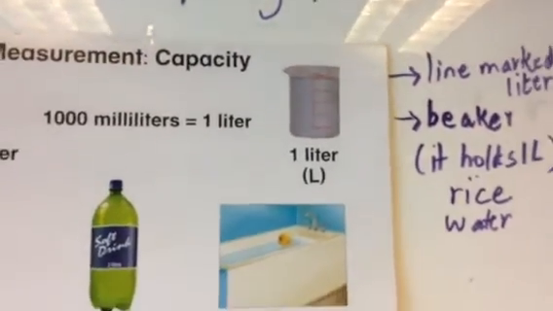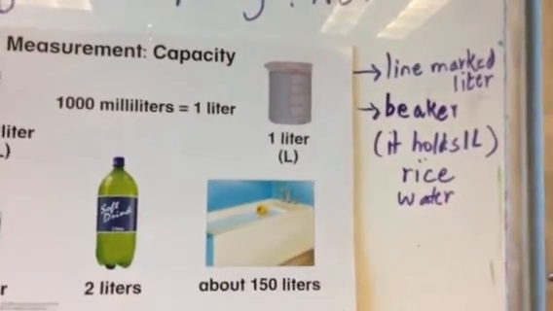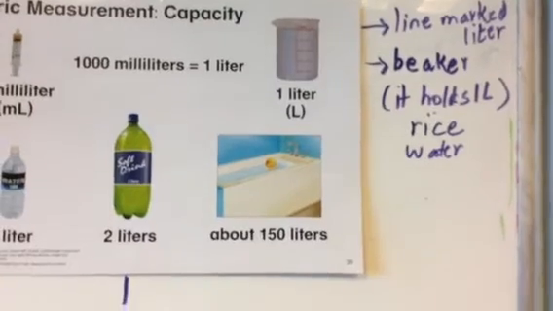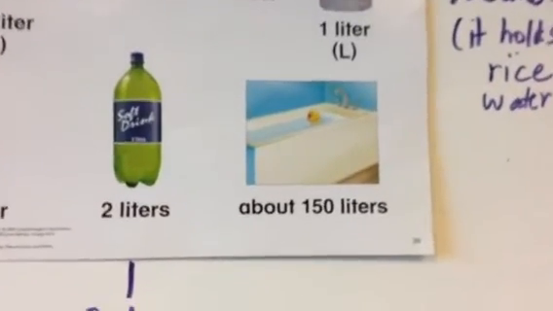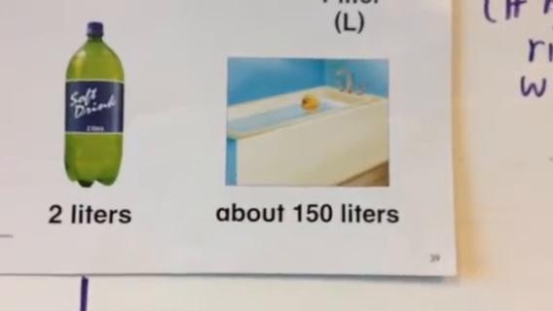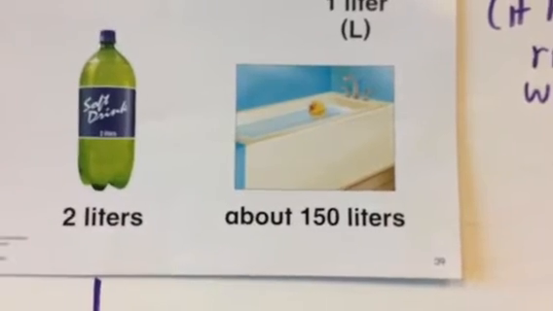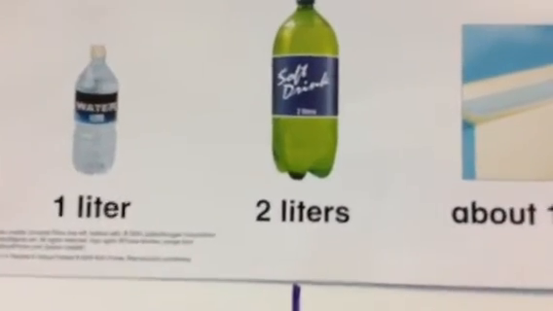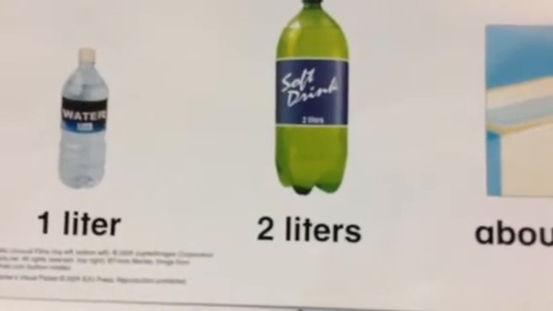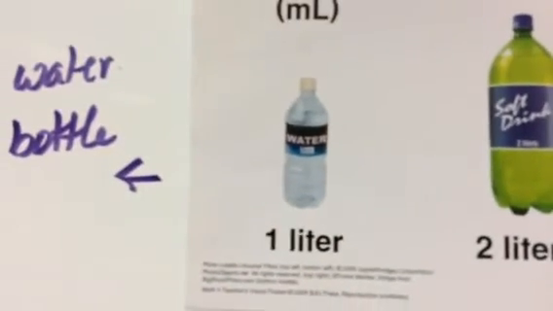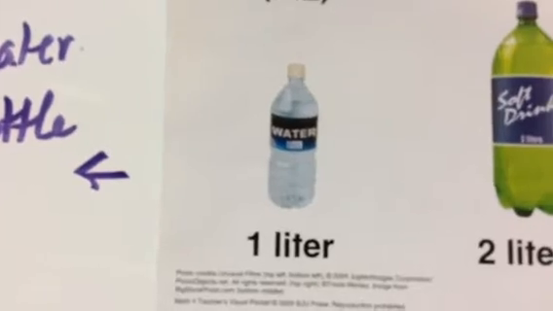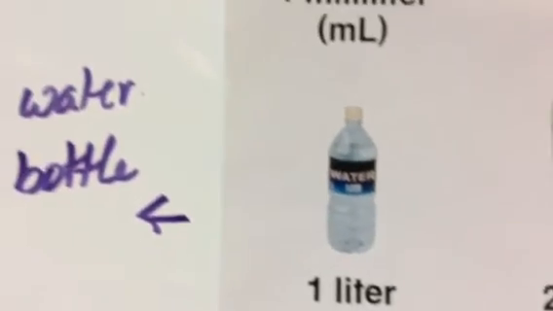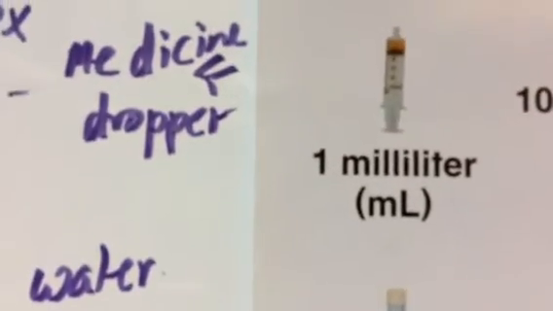So the beaker holds 1 liter. Now look at this bathtub. It holds 150 liters. Look at this soda bottle, soft drink. It holds 2 liters. Look at this water bottle. It holds 1 liter.